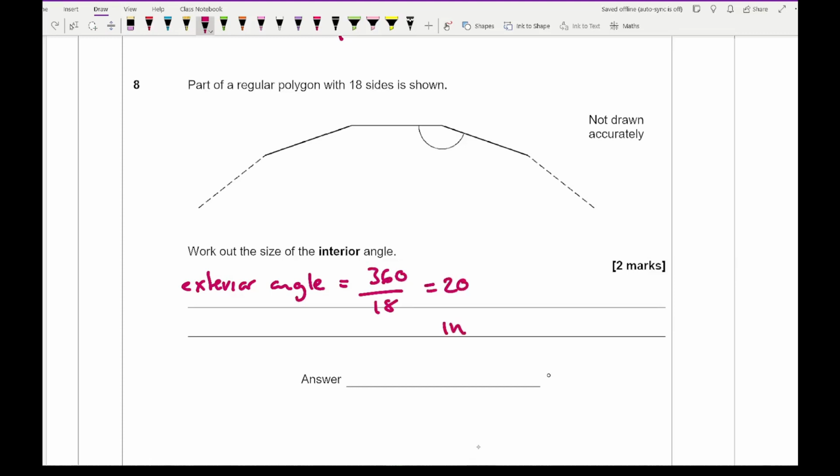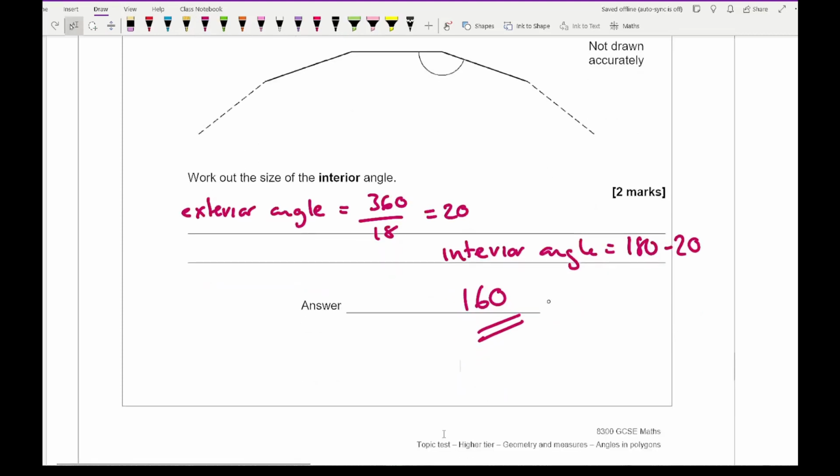So that means the interior angle is going to equal 180 minus 20, which is 160. And if I did the other method, it would be 180 multiplied by 18 minus 2, all divided by 18, in which I'd get the same answer.